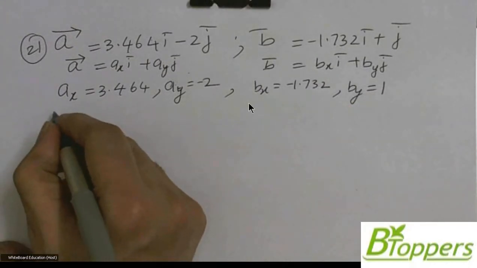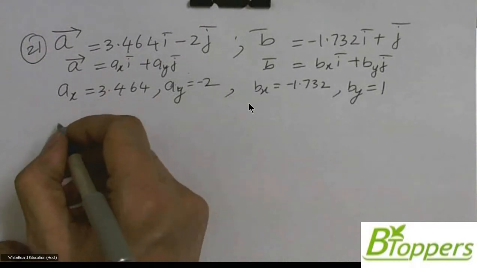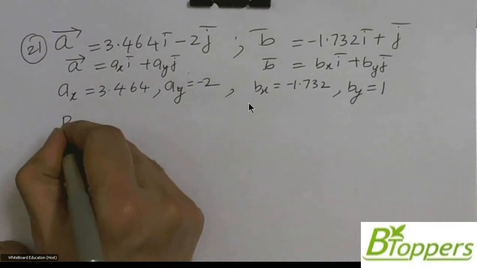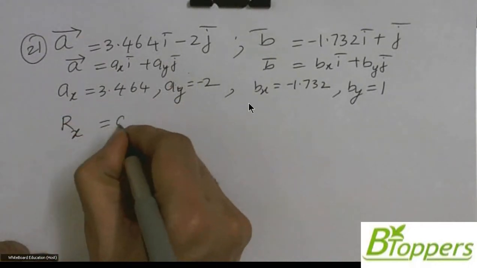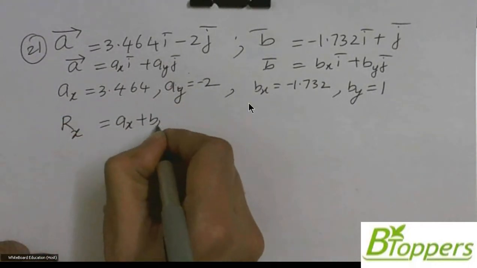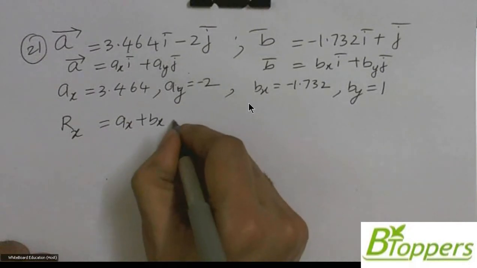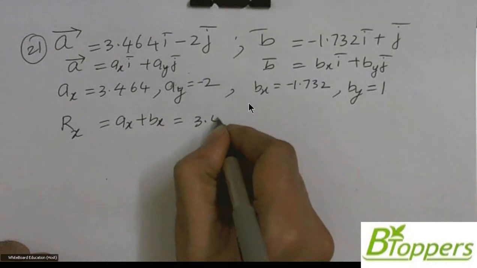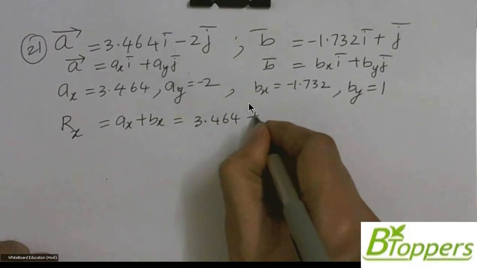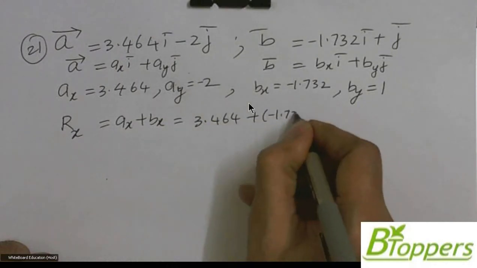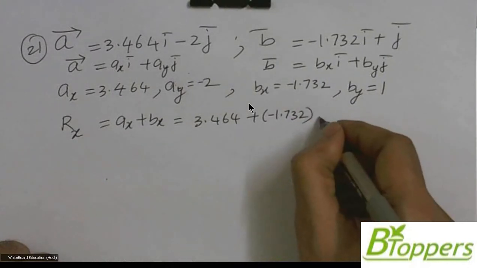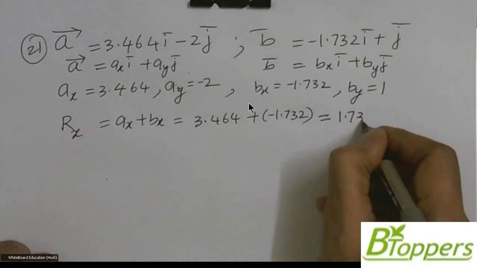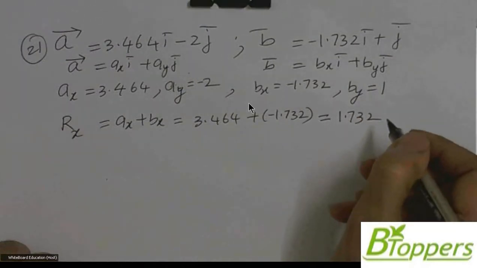So if R bar is the resultant of the two vectors A bar and B bar, then we can write Rx equal to AX plus BX. That is AX equal to 3.464, BX equal to minus 1.732. You can simplify this and you get 1.732.